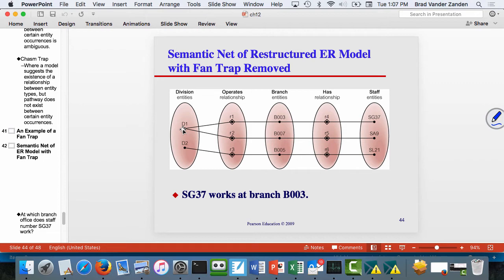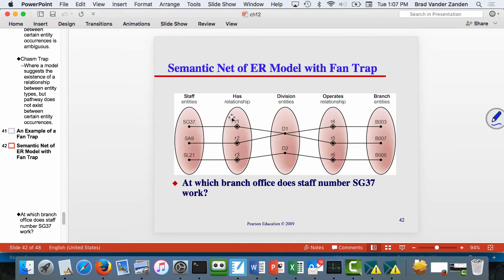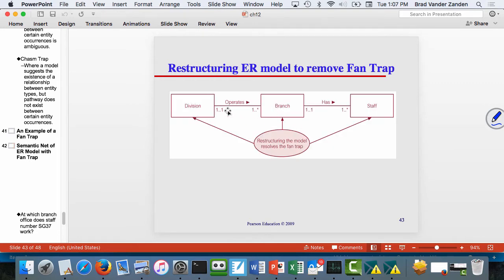Okay, so basically, the issue originally was that it was a straight line, and it somehow seemed we should be able to extract the information, but there was no directed path from branch to staff. When we changed it, now there was a directed path going from division to branch and branch to staff. So there was that path now.